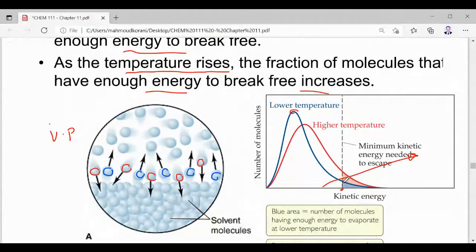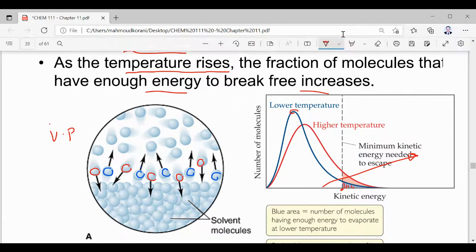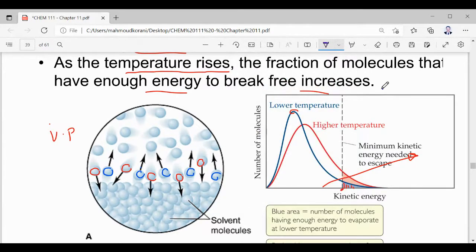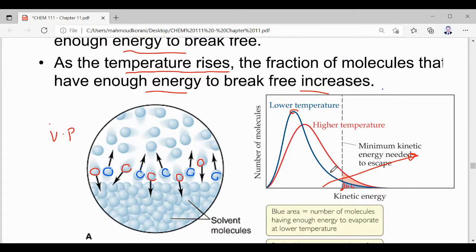If you measure the area under the curve of the blue one, these are the number of molecules that already escaped. If you increase the temperature, the red one, the average kinetic energy increases.